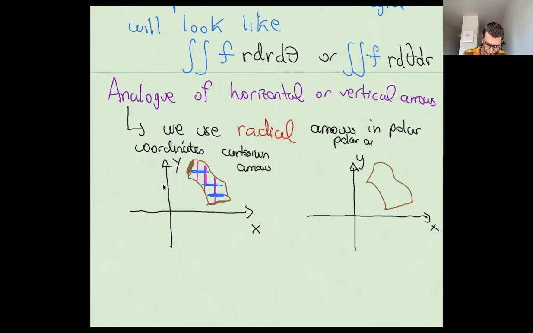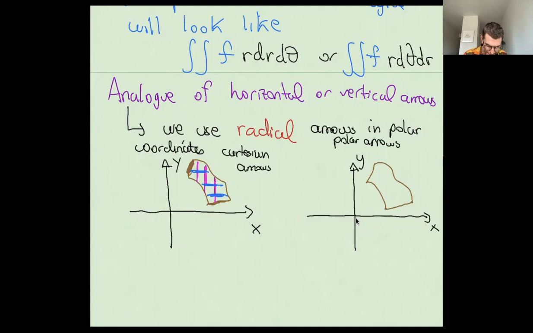But the polar arrows are drawn by starting at the origin and thinking of radar, where you imagine you have a laser pointer at the origin. With the laser pointer, you start pointing at different places on the xy plane.